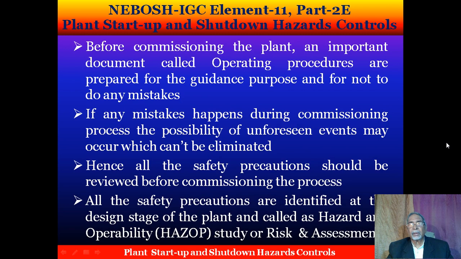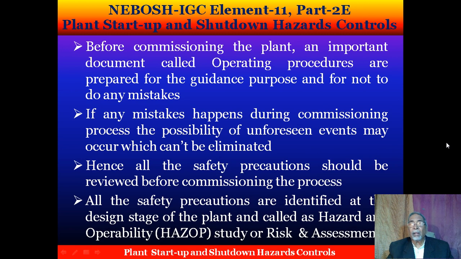Before commissioning the plant, an important document called operating procedures is prepared for guidance and to avoid mistakes. If any mistakes happen during the commissioning process, unforeseen events may occur which can't be eliminated.